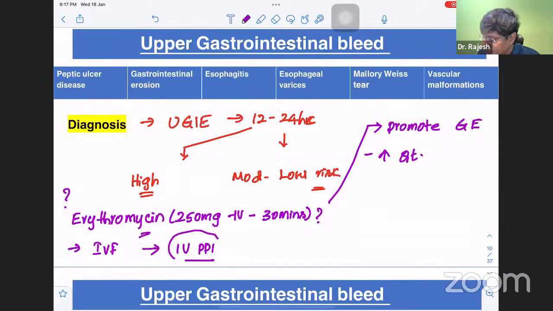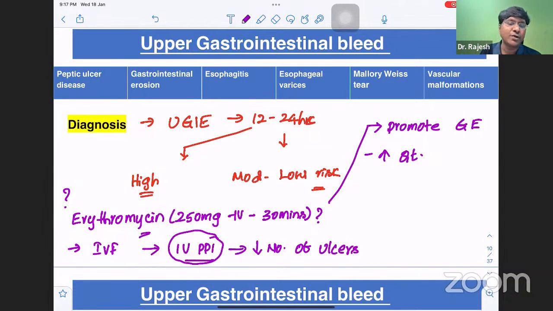The purpose of giving this continuous intravenous proton pump inhibitor therapy is that it will decrease the number of ulcers. That is the reason why, before doing endoscopy, you have to give it.